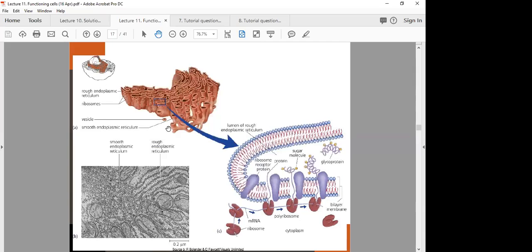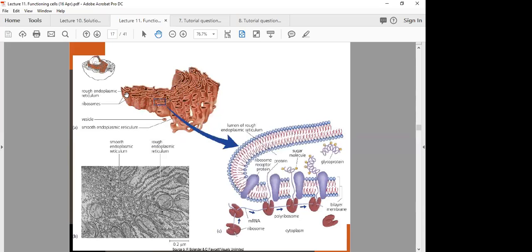So here it is enlarged, and you can see these flat membranes, the cisternae. The endoplasmic reticulum has two different types that are labelled here. This portion, which is closest to the actual nucleus, is referred to as the rough endoplasmic reticulum, and that's because it has this rough appearance.